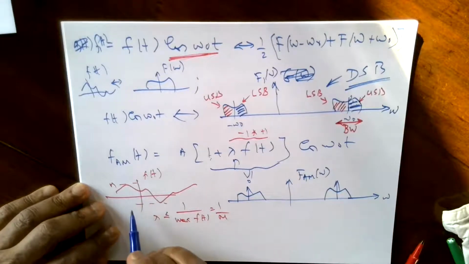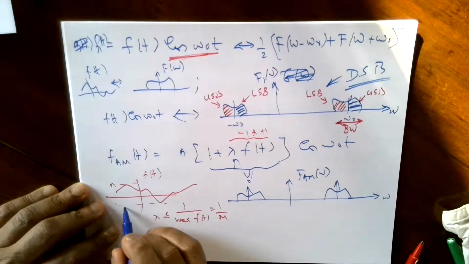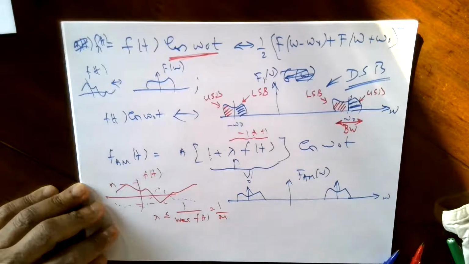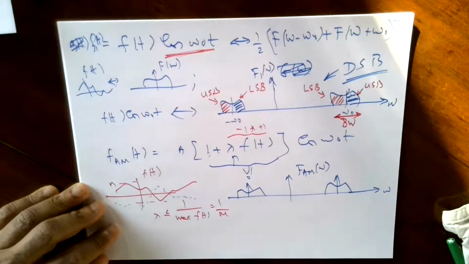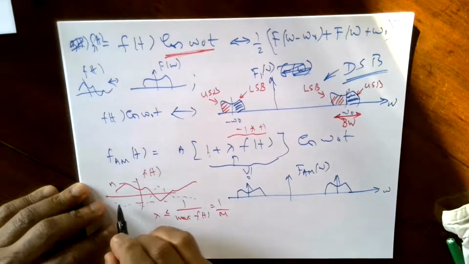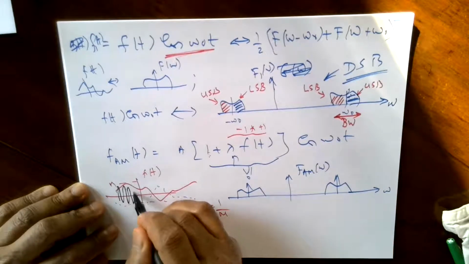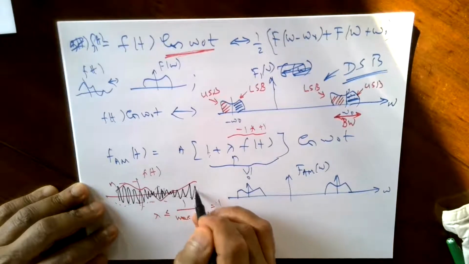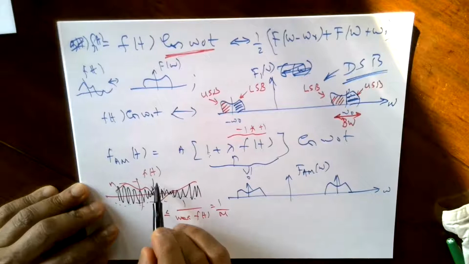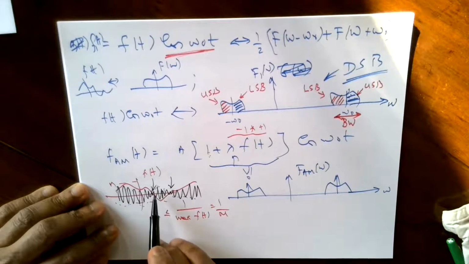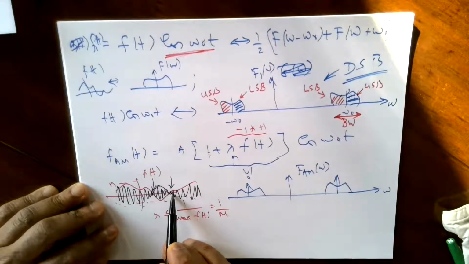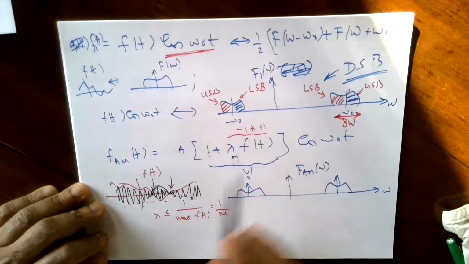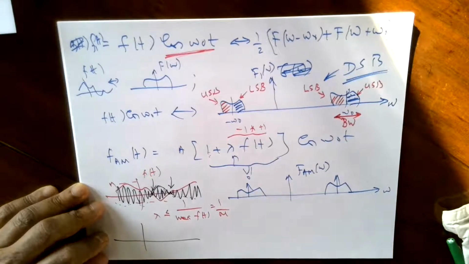Consequently, if you modulate this directly, it will look like this. Notice from here, when you come to these points, there will be ambiguities. We wouldn't know whether the signal goes this way or this way. To avoid that, suppose we do this, 1 plus λ f(t), which would look like this.